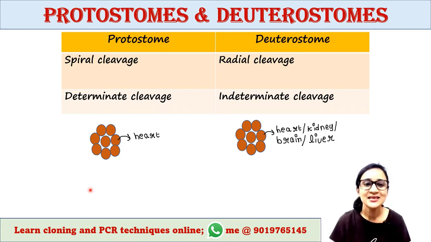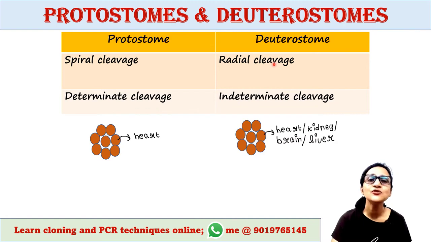That means, suppose this is an 8-cell embryo and this cell is going to be a future heart cell, and this fate is already determined. Even if you isolate that cell from this embryo and keep it in another position of a different embryo, the cell will become part of the heart only. So that is determinate cleavage.